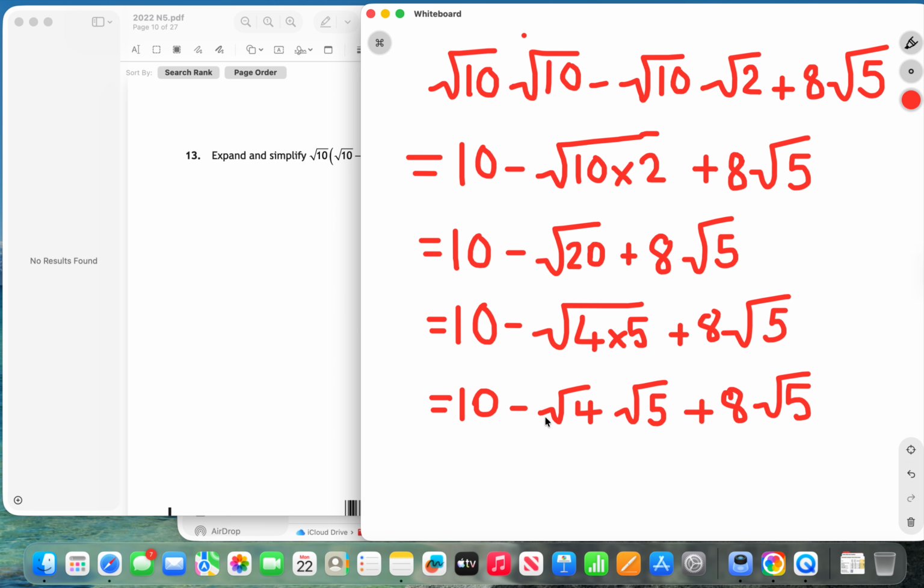The second and third have root 5. It's a good sign. So we have 10 minus the square root of 4 is 2, minus 2 root 5 plus 8 root 5. And that gives us 10 plus 6 root 5.